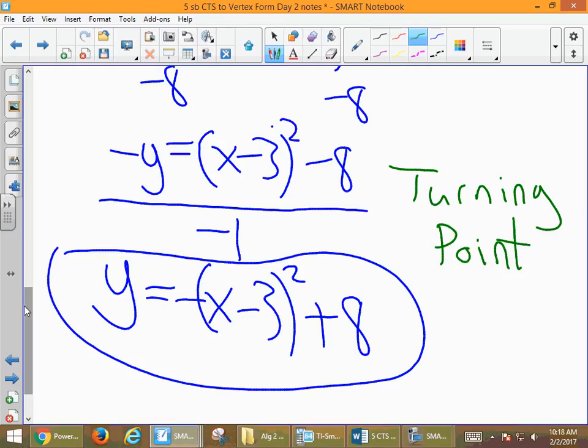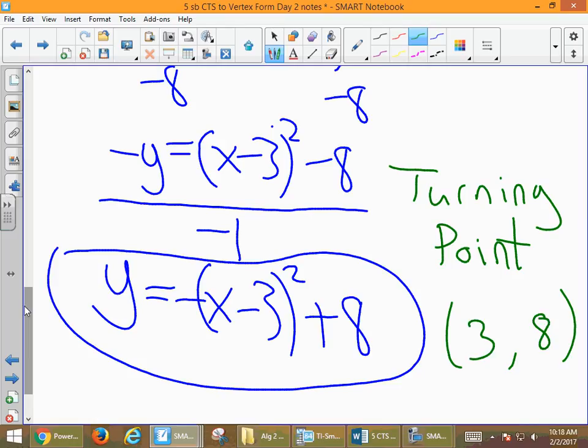So what is the turning point of this quadratic going to be? Ordered pair. Jordan, do you know? 3, positive 8.